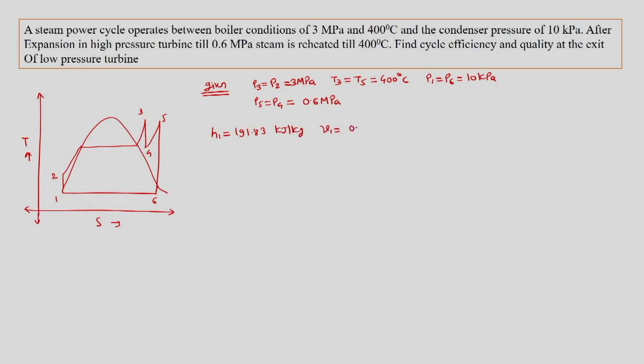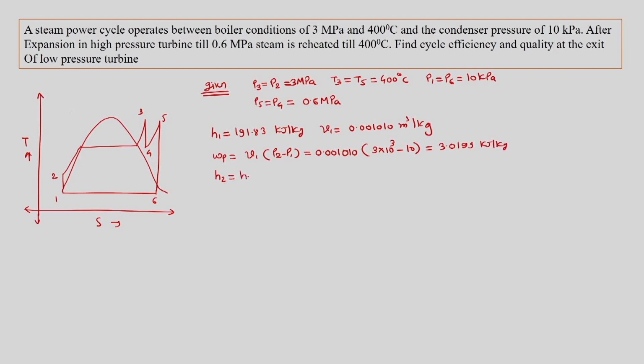V1 is known as 0.001010 meter cube per kg, and then we can find out pump work, which is V1 into P2 minus P1, which is 0.001010 into 3000 kilopascal minus 10 kilopascal, and the unit will be kilojoule per kg, which is 3.0199 kilojoule per kg.